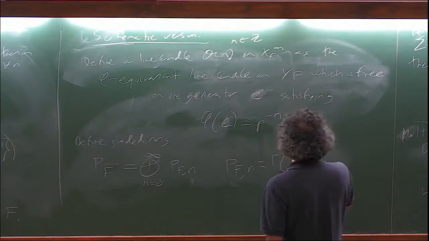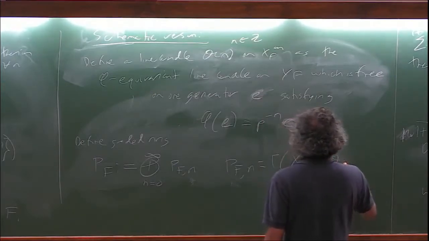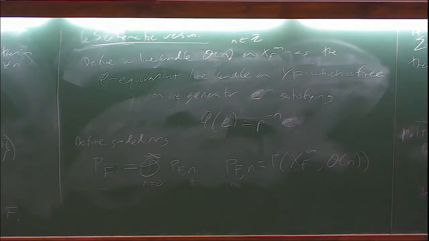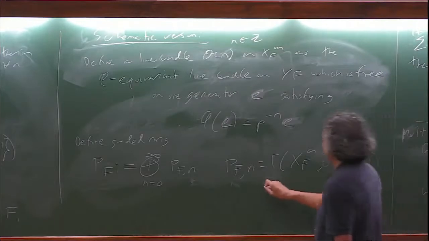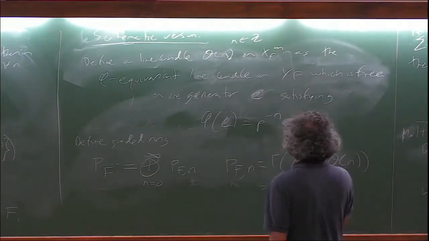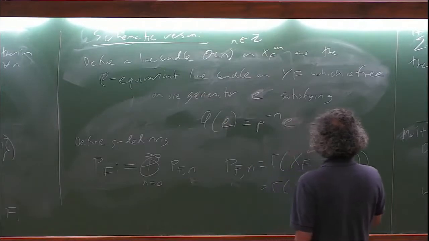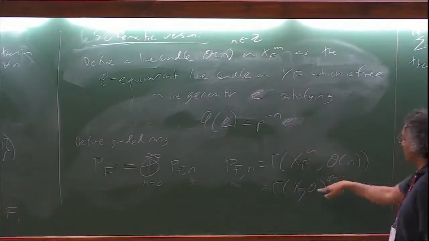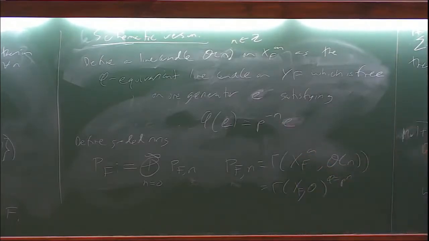I'm going to take the sections of O(n). What is this really? If I take sections of the structure sheaf on Y, these are the things that are fixed by phi minus p to the n. That's why I put the minus here to make this work.